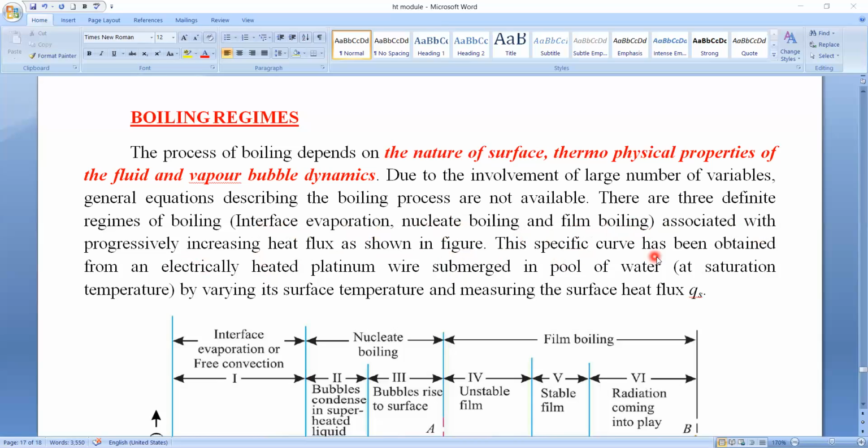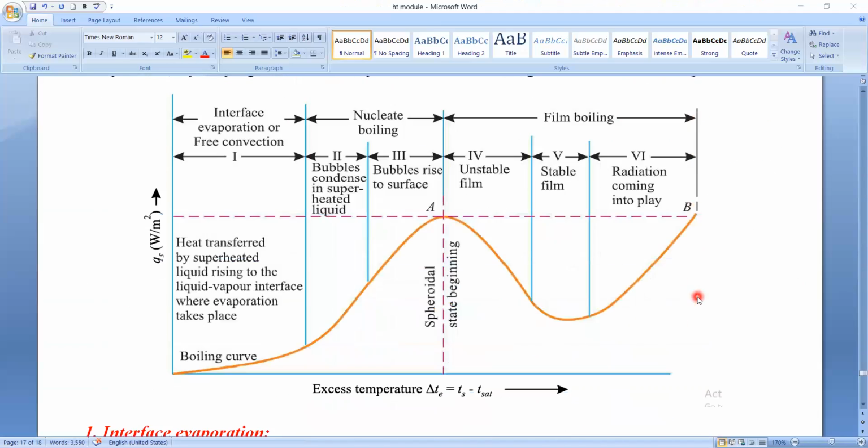The specific curve has been obtained from an electrically heated platinum wire submerged in a pool of water at the saturation temperature, by varying its surface temperature and measuring the surface heat flux. This typical curve is also known as the boiling curve, which represents the different regimes of boiling.